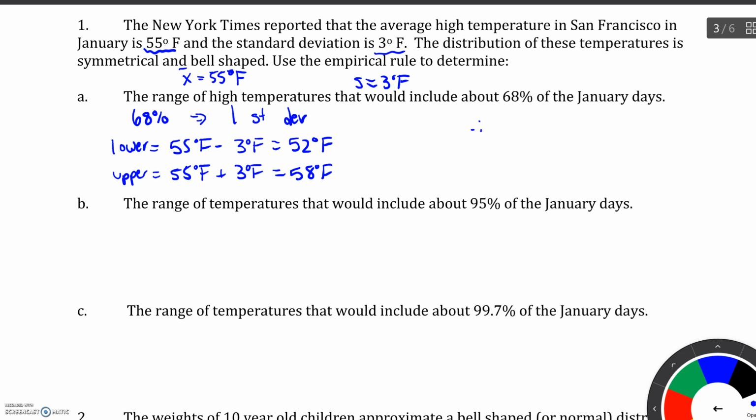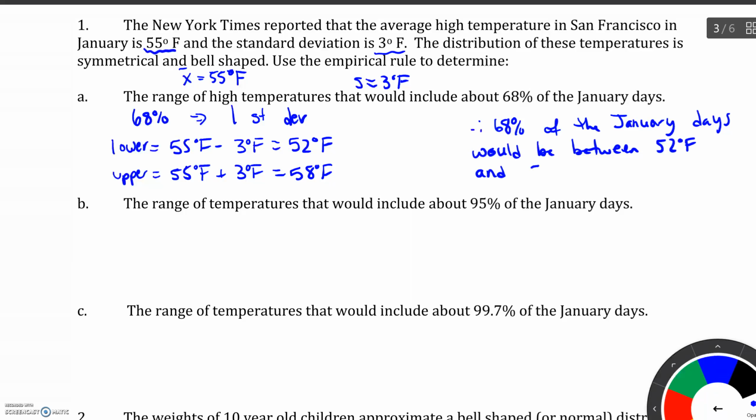Therefore, 68% of the January days would be between 52 degrees Fahrenheit and 58 degrees Fahrenheit.